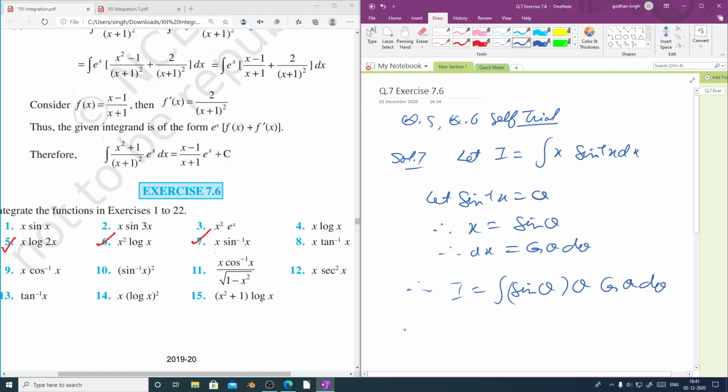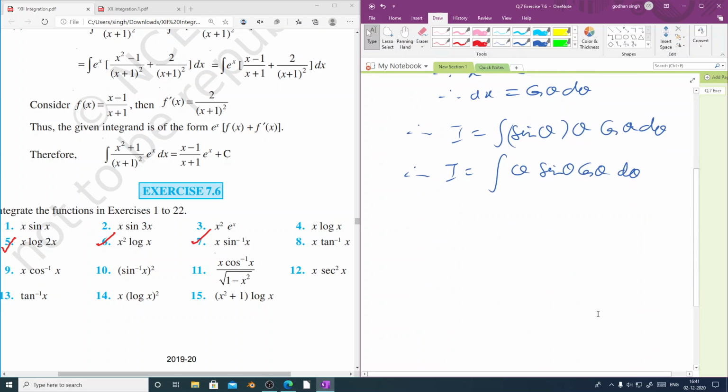So therefore we will be having I equal to integration of theta into sine theta cos theta d theta. Now there are three quantities being multiplied, but we have a rule only for 2. So what we can do is use the trigonometric formula, that is sine 2 theta is 2 sine theta cos theta. So we'll multiply and divide this with 2.